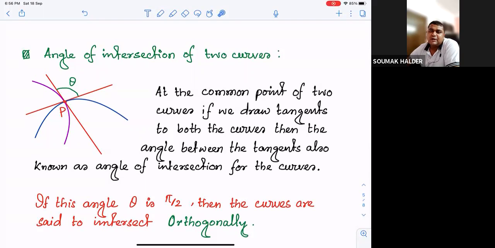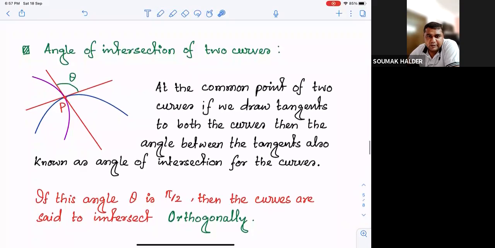That means at the intersection point, the tangent for one curve will be perpendicular to the tangent of the other curve, and we know that the perpendicular line to the tangent through the point of tangency is also considered the normal. So at the point of intersection, two orthogonal curves will have the tangent of each as normal to the other.